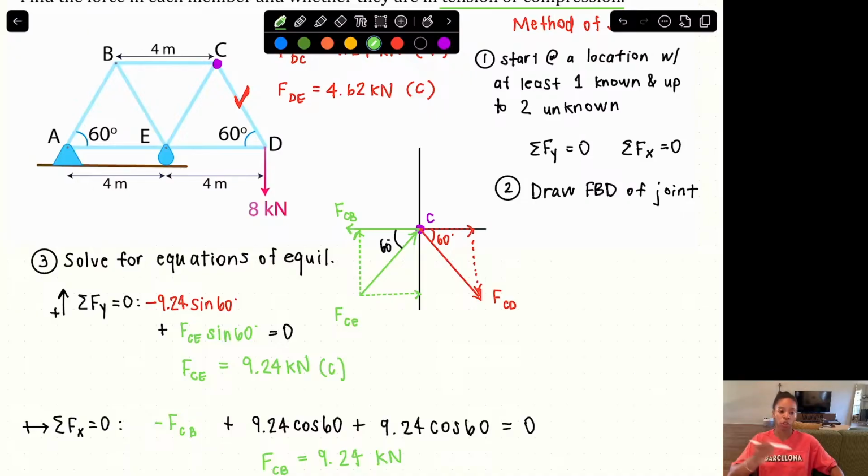So it's going away from the joint, which means the member is opposing that force with an equal and opposite force. So force CB is also going to be in tension. So we solved for these two yesterday, and today we solve for these two.